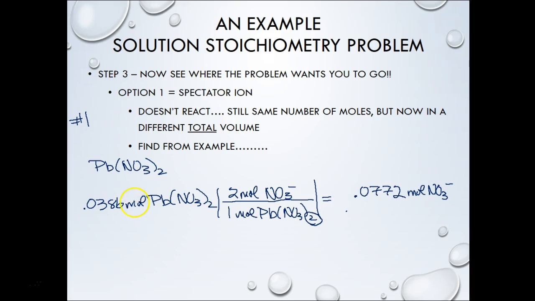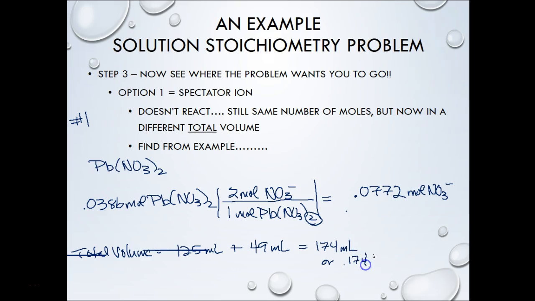Now I have to figure out, what is the total solution? Well, remember, the total volume of the solution is equal to 125 mils plus 49 mils. Okay? That will give me 174 milliliters, or 0.174 liters. So I'm going to take this number of moles and divide by 0.174 liters.